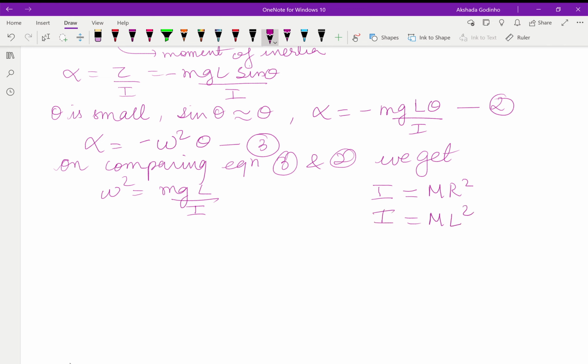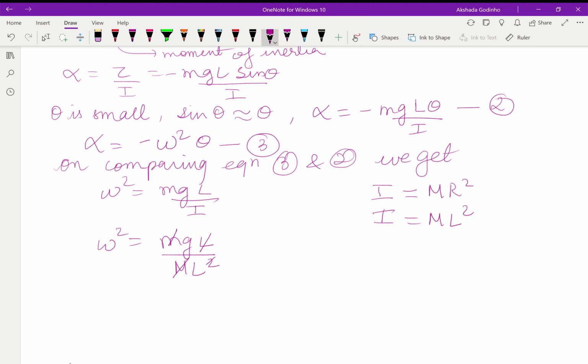So substituting I is equal to mL square in this equation, what will we get? We will get mgL upon I. I is mL square. So cancel one L, one m, one m.